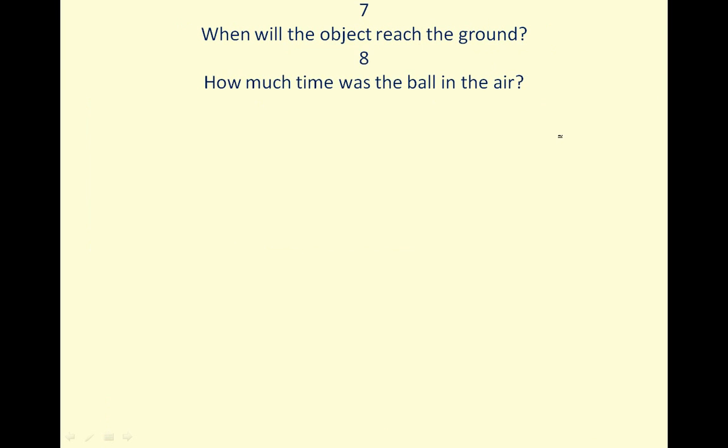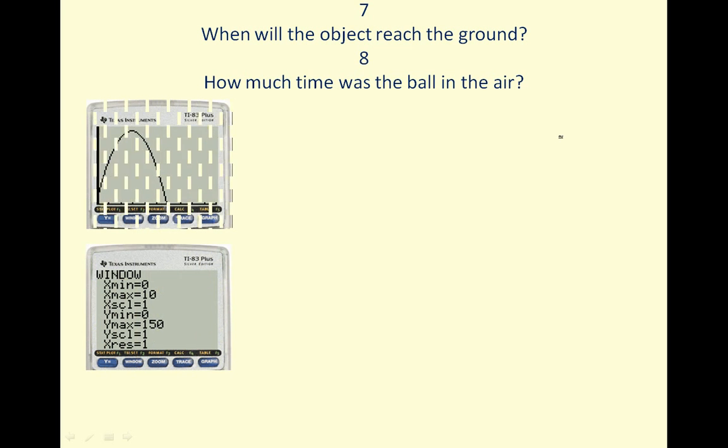All right. Number 7, when will the object reach the ground? And 8, how much time was the ball in the air? Okay, this time I need a little bit of a different command, because if I'm wanting to know when that object has reached the ground, I am looking for when the height is 0, or when it's crossing this x-axis on my graph.